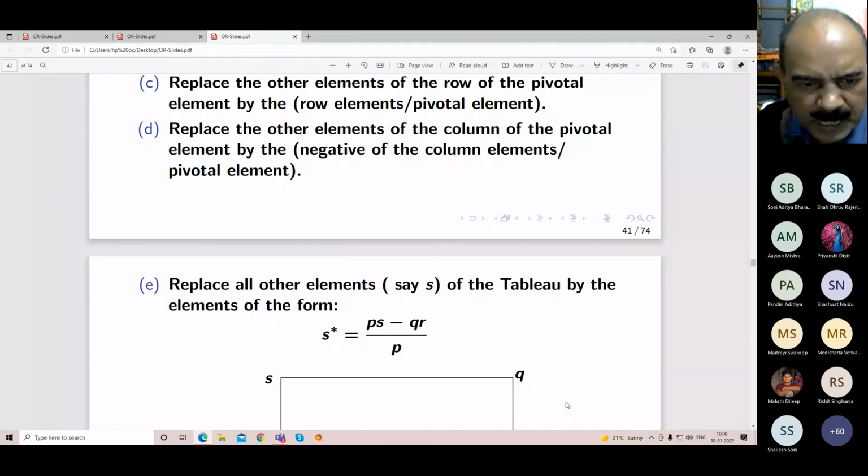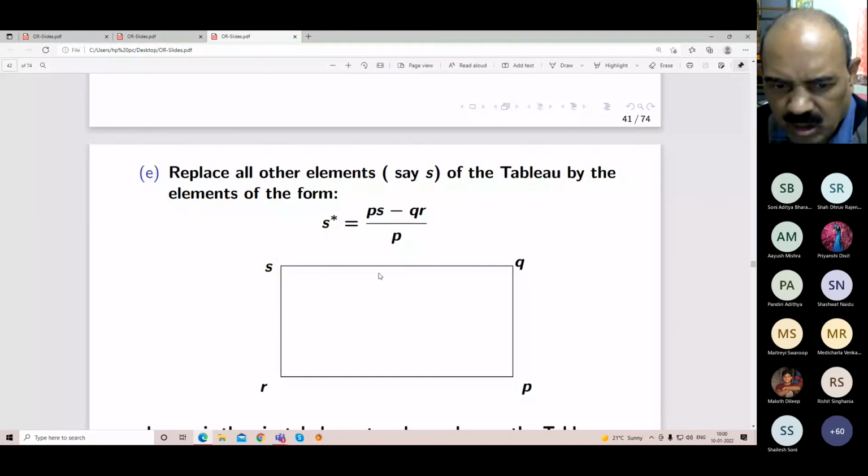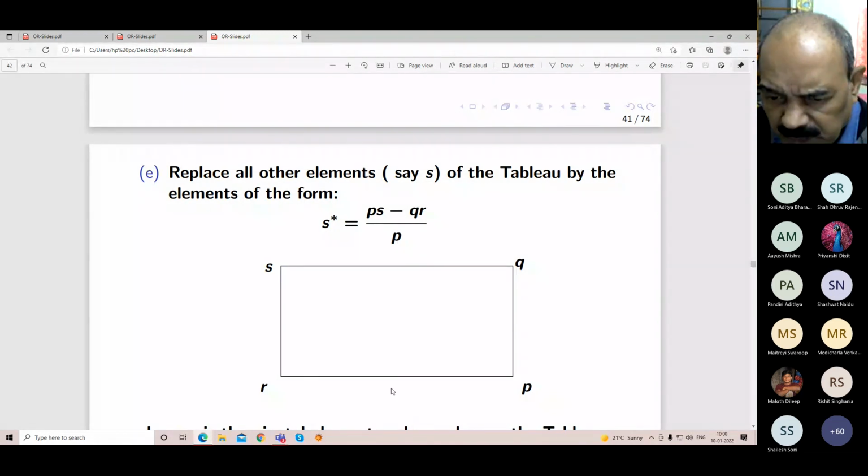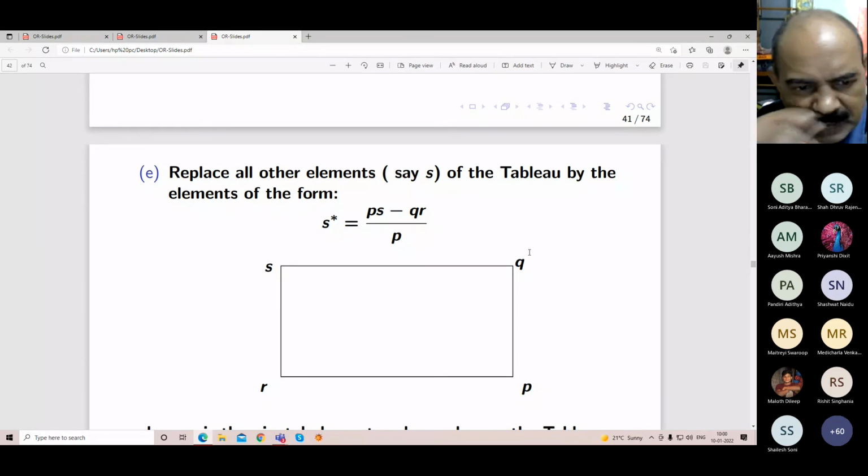What is the formula? We have S star equal to P into S minus Q into R divided by P. Here, this P is our pivotal element, and for S we want to calculate. We form a rectangle, just imagine a rectangle in this manner.